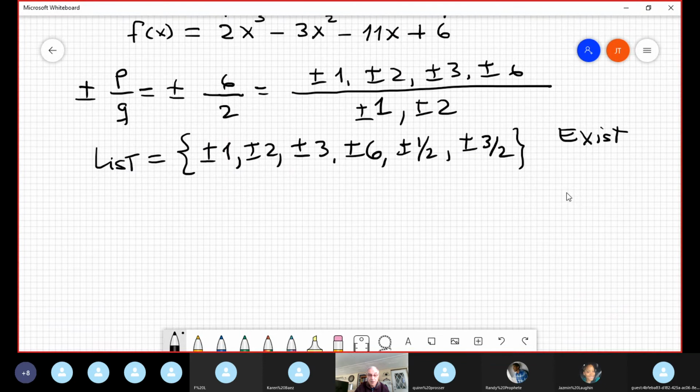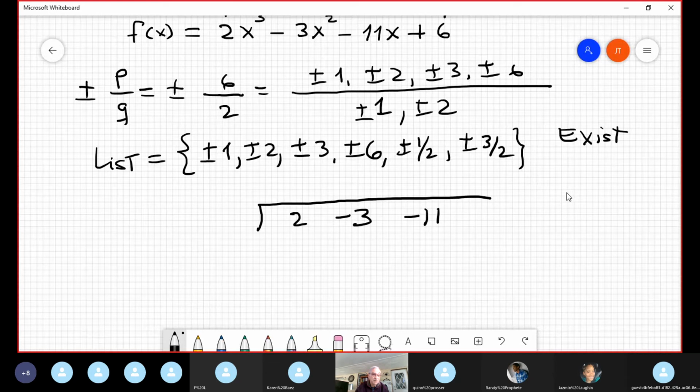So, I set up the format for the synthetic division: 2, negative 3, negative 11, and positive 6. Remember, guys, I like this way, I don't know why: x to the 0, x to the 1, x to the 2. This just organizes the columns of the synthetic division.